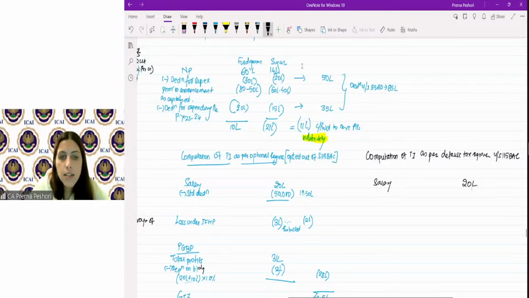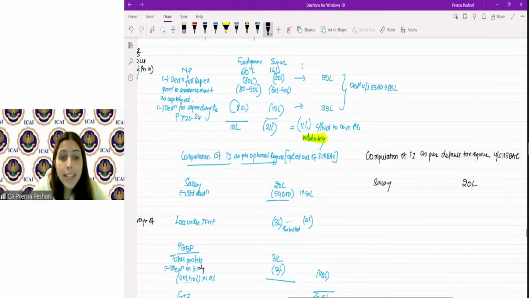Yes, students. Under 115BAC, do we get the standard deduction or not? For individuals, yes. Yes, Namrata, we do get.